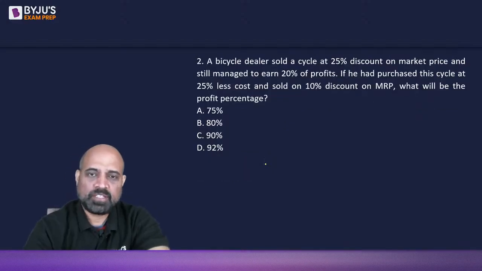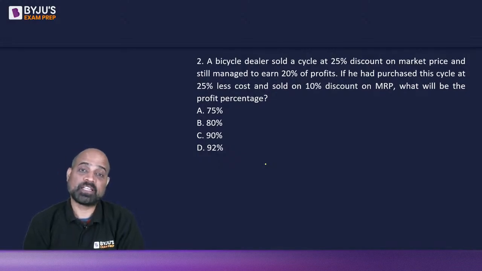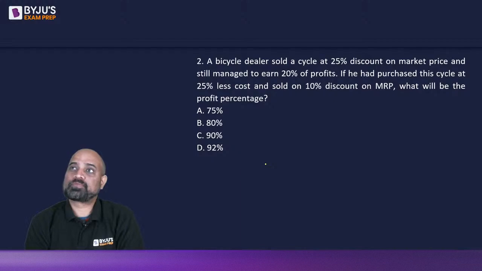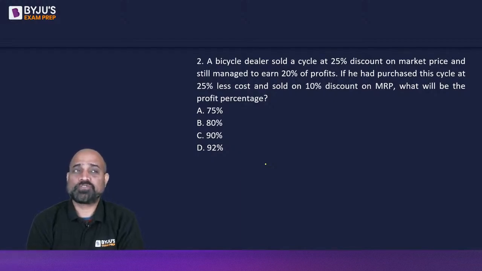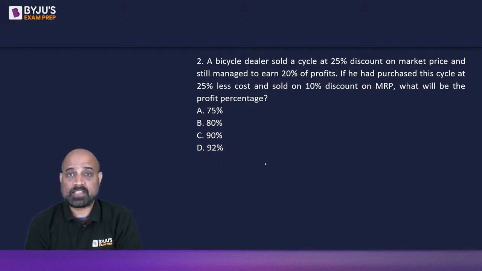Okay, next question. A bicycle dealer sold a cycle at 25% discount on market price and still managed to earn 20% profit. So after even giving a discount of 25%, if you still want to earn 20%, this is going to happen with the numbers 100 and 150. And this is something that you should practice a lot.